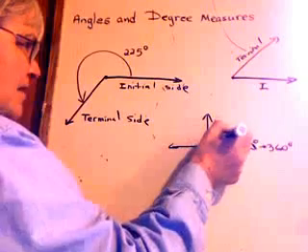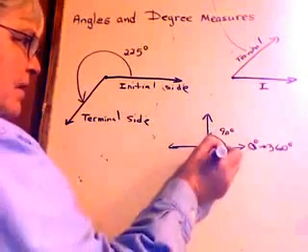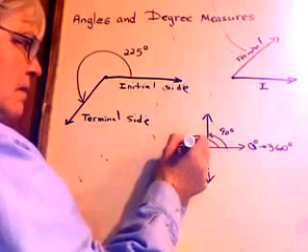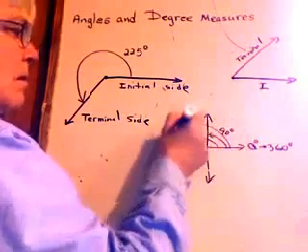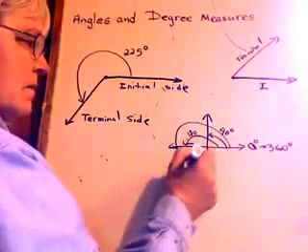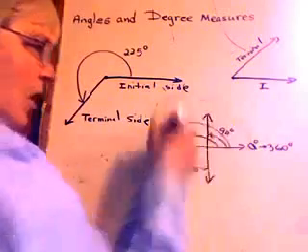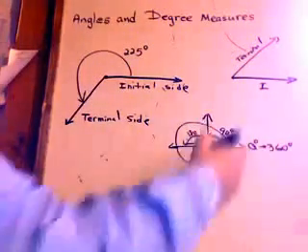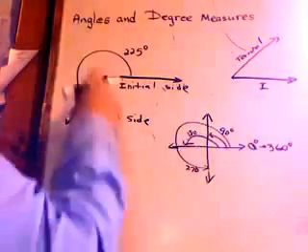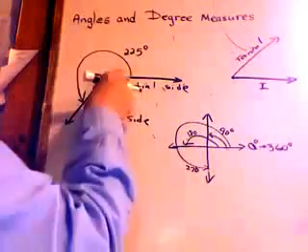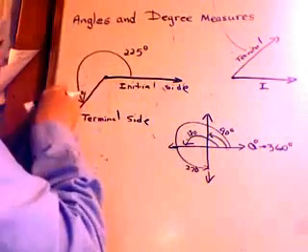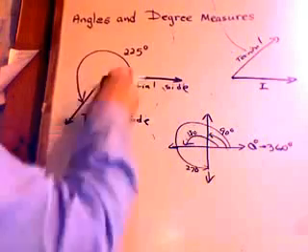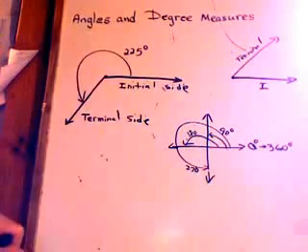I bet you guessed 90. If you did, you were right. I go all the way to here, 180. What if I go all the way to here, 270, and all the way around, 360, and then anywhere in between? So this one is past the 90, it's past the 180, not quite to the 270, so it's approximately 225.